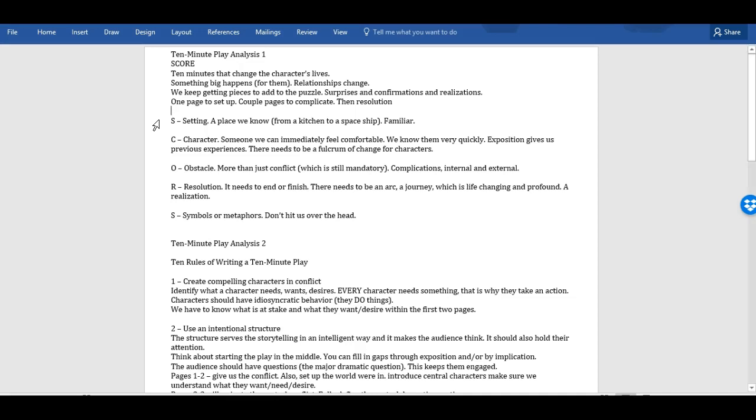So, scope. Think about settings. Let's say, for the sake of argument, a traditional play is two hours long, a full-length play with an intermission. You could take many pages to set up the play before the inciting incident really happens, the inciting incident being that one thing that happens that sets everything in motion.